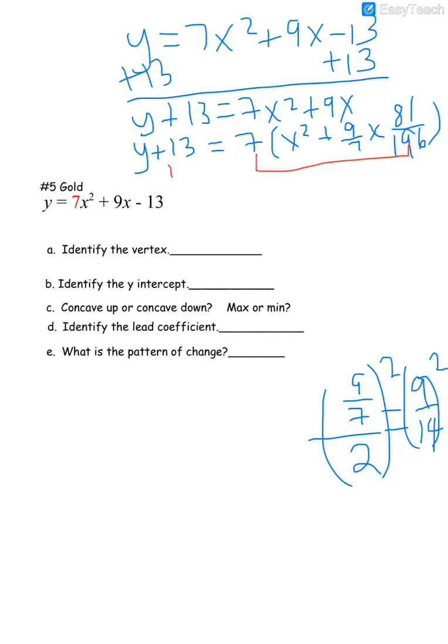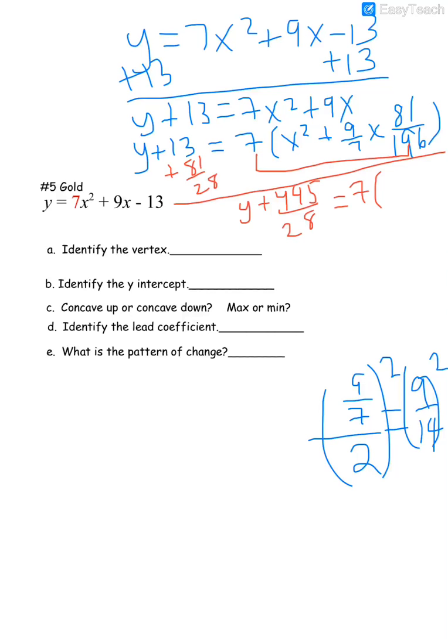So I'm going to add 81/28 to the side. So I'm going to get y. I'm going to add 13 to that. And I get plus 445/28, that's what my calculator says, equals 7 parentheses.